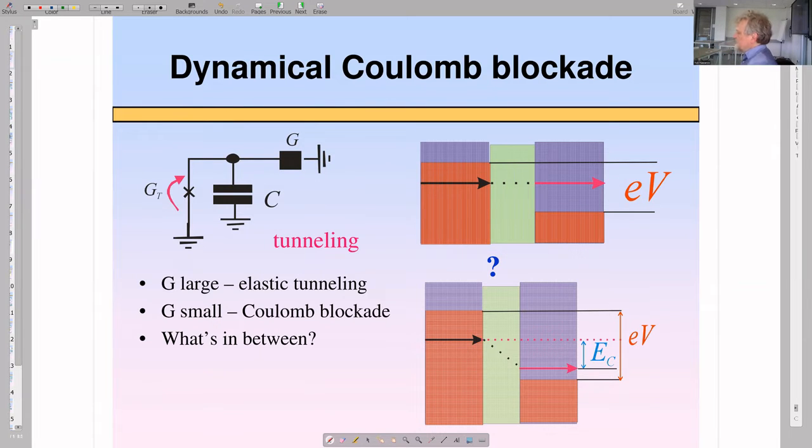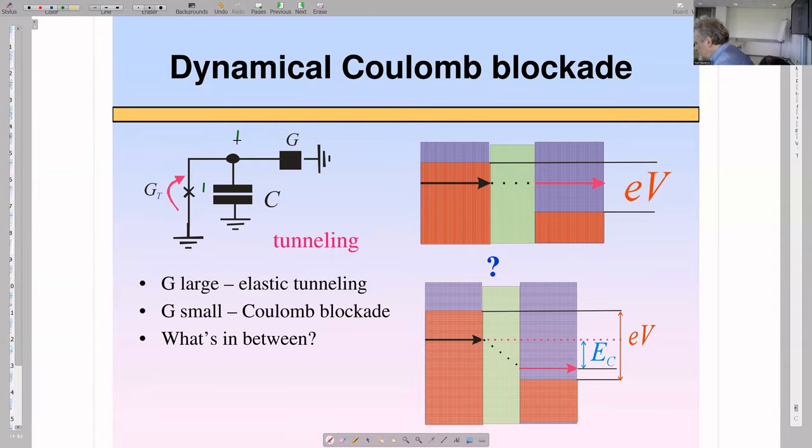Fine, so let me formulate a simple setup to work with. Let me formulate a problem. So let us see. We have a tunnel junction, electrons tunnel through this junction. They would get to a place which in principle could be an island, with some capacitance, right?